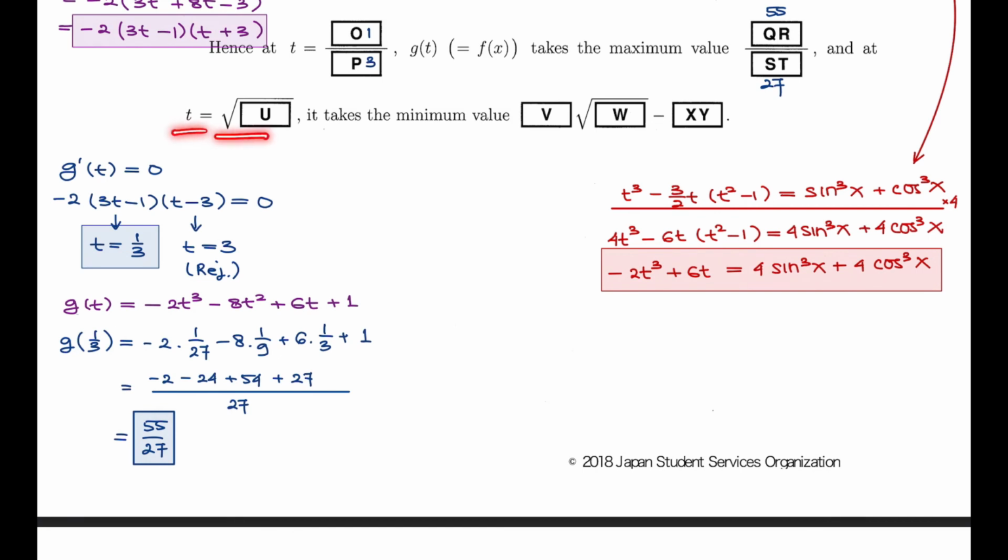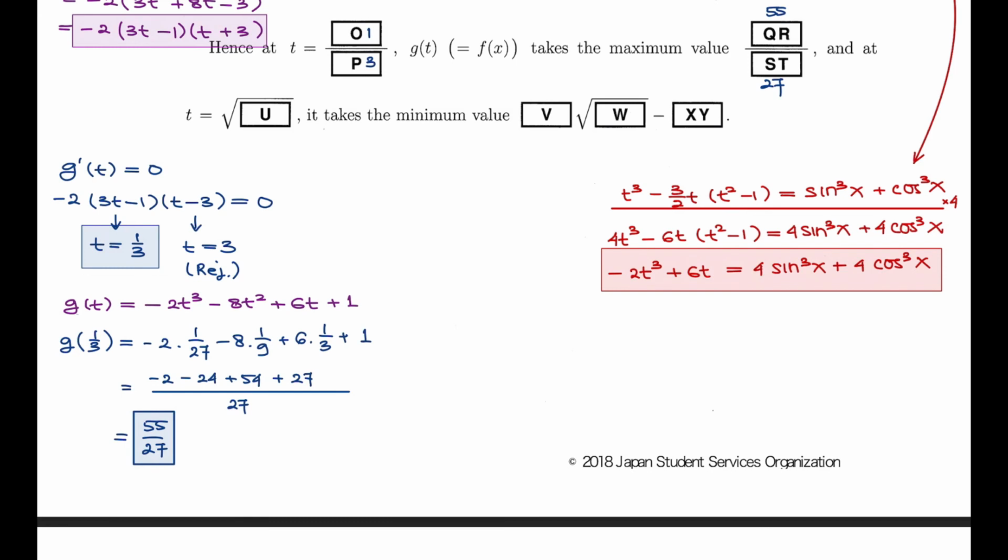And at t equals to blah blah blah, it takes the minimum value. After we got the maximum value, we want to find the minimum value. Maximum or minimum value can be obtained either at the stationary point, or the endpoint of t.